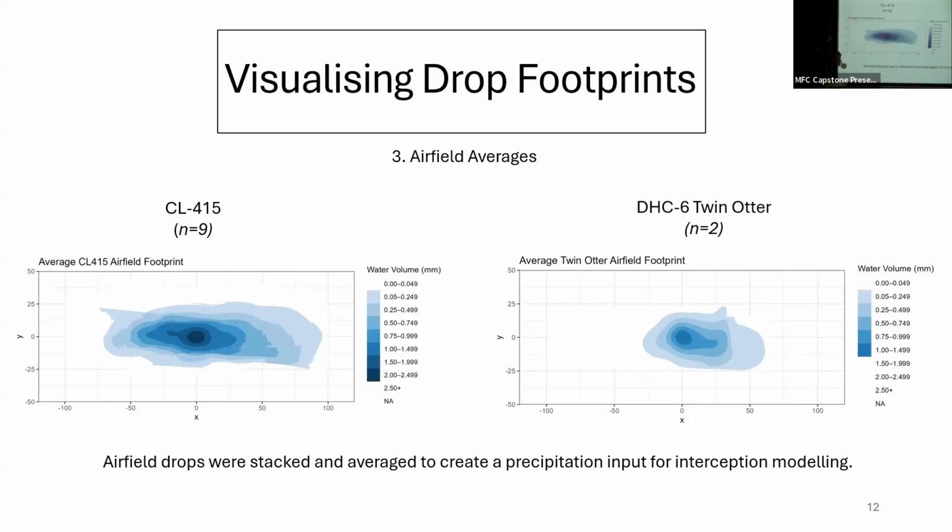Yeah, these drops all occurred at what they typically drop at operationally. I think if they did drop higher, you would get more drift, and if there was a fire happening, potentially more evaporation. I think you would see a difference in those throughfall results for sure. Thank you.